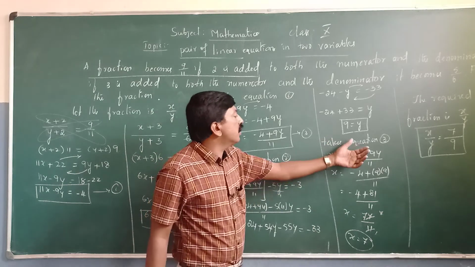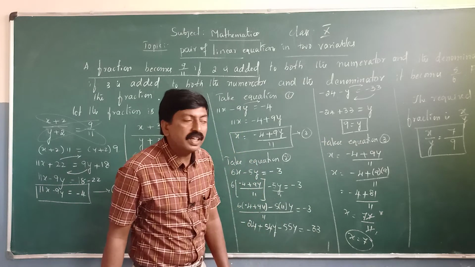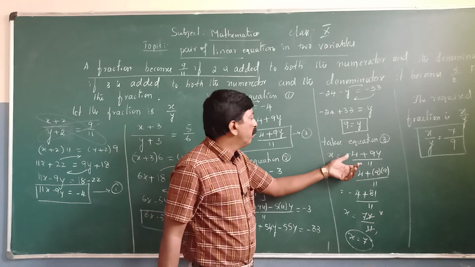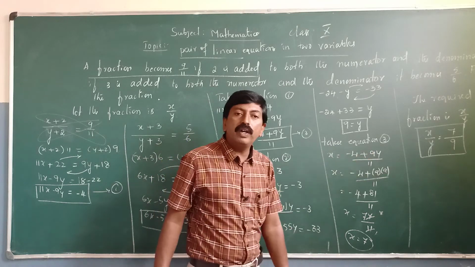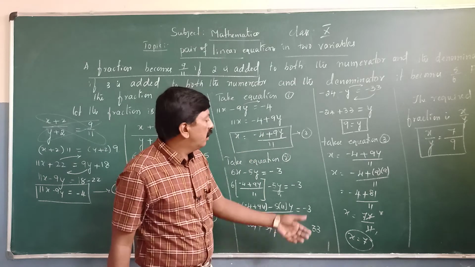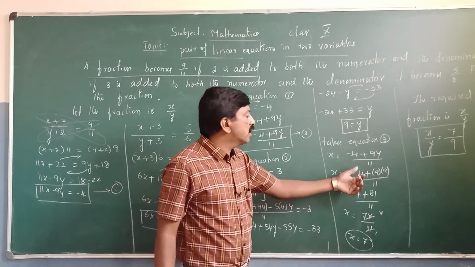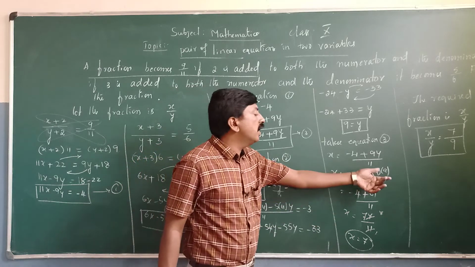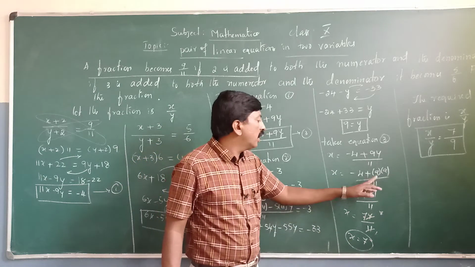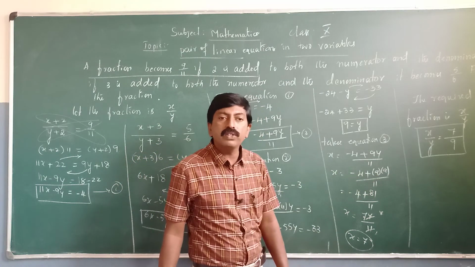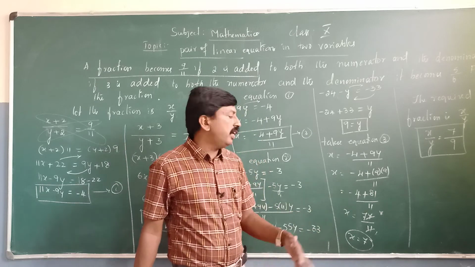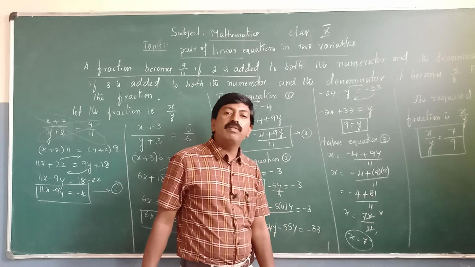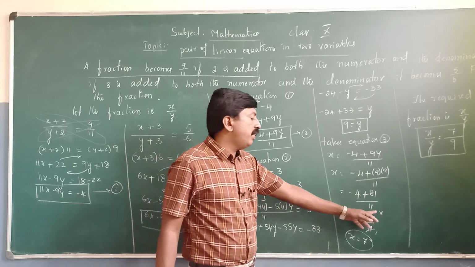Then take equation 3. Which is that equation? x is equal to minus 4 plus 9y divided by 11. So x is equal to minus 4 plus 9 into 9, because y value is 9. 9 9s are 81. 81 minus 4 is how much? It is 77. Therefore, 77 divided by 11 is 7, we know that 11 sevens are 77.